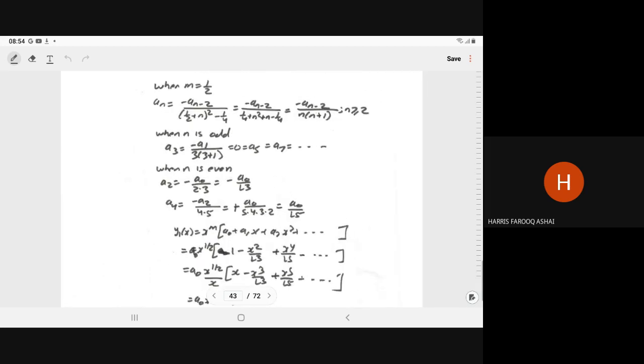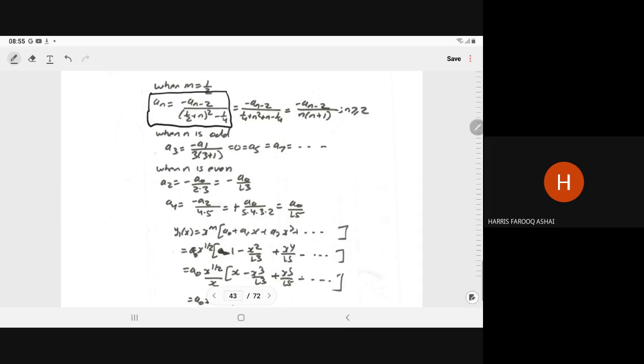So when we put m is equal to half, for the bigger root, we have the modified recurrence relation as an is equal to minus an minus 2 upon (half plus n) whole square minus 1 by 4, or you can say it is minus an minus 2 upon 1 by 4 plus n square plus n minus 1 by 4, or minus an minus 2 upon n into (n plus 1) for n greater than equal to 2.